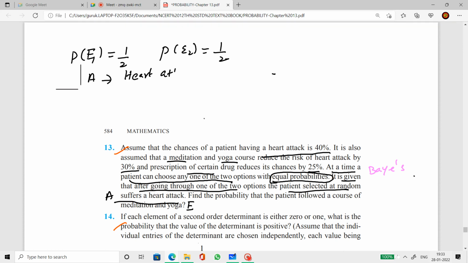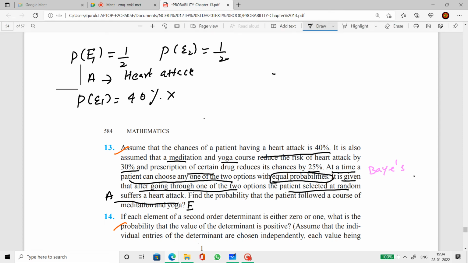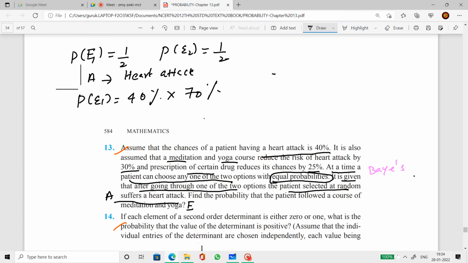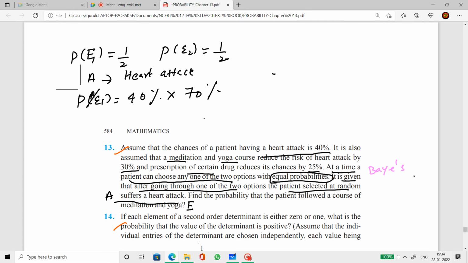After taking meditation and yoga, if he gets a heart attack, only 40% of the population get a heart attack, and out of that, if you practice yoga and meditation, the risk reduces by 30%, but the risk prevails for 70%. So P of A given E1 is 40% into 70%.